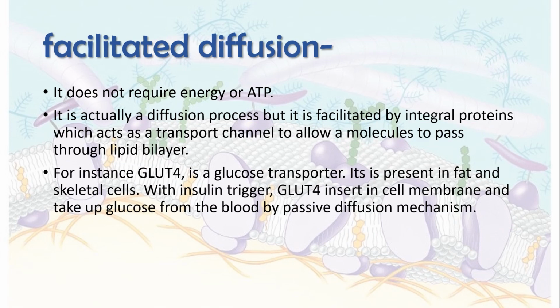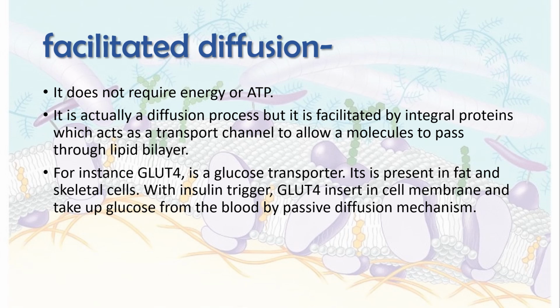So the next one is facilitated diffusion. It is also a simple diffusion process, but in this case, the diffusion is performed with the help of some integral protein. That's why, because it is facilitated by other molecules, it is called facilitated diffusion.